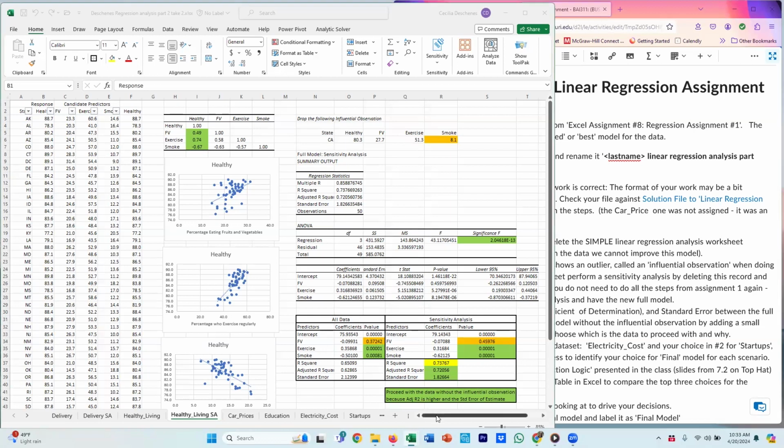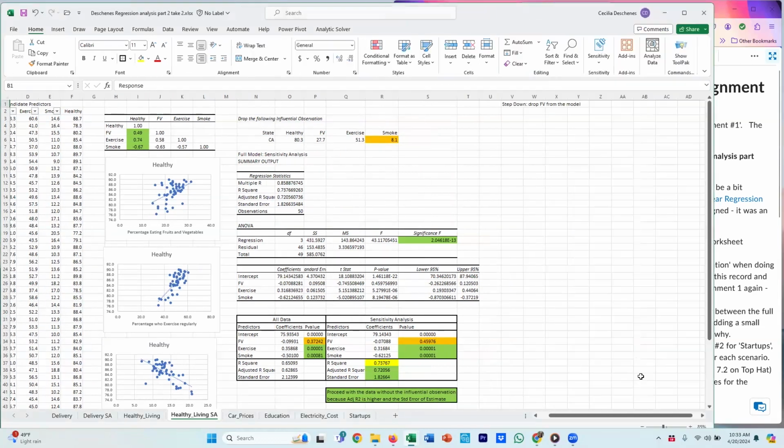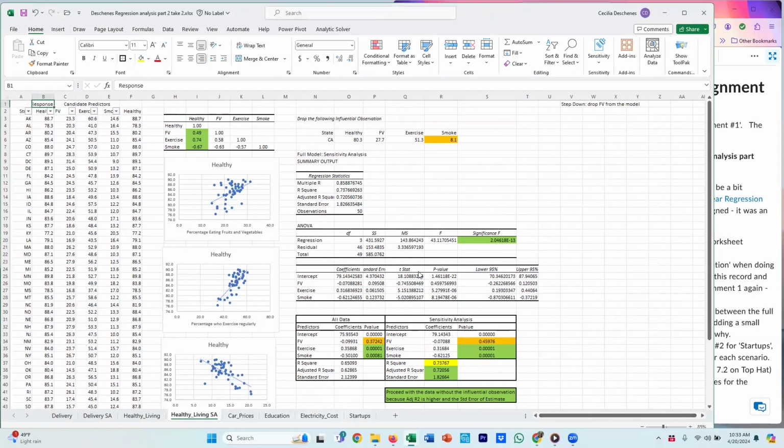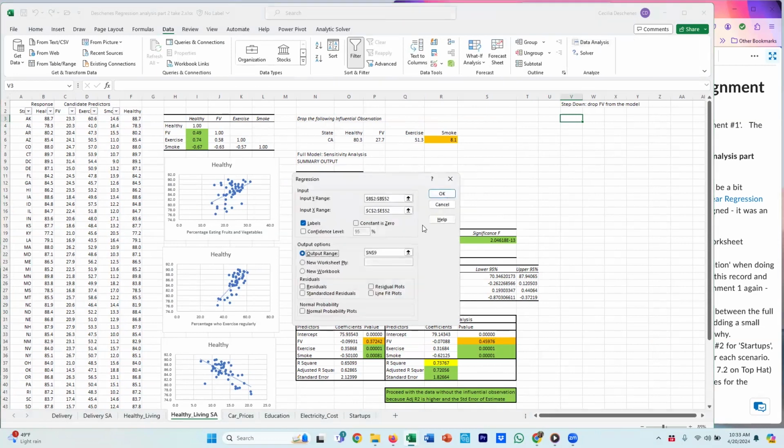And so these are our candidate predictors. So these three. All right, and then I just copied healthy over here so that I could put it on the y-axis when I did my scatter plots. Okay, so if what you are going to drop is on the outside, then that means I don't have to recopy my data because I can get a rectangle of data for what I want to keep.